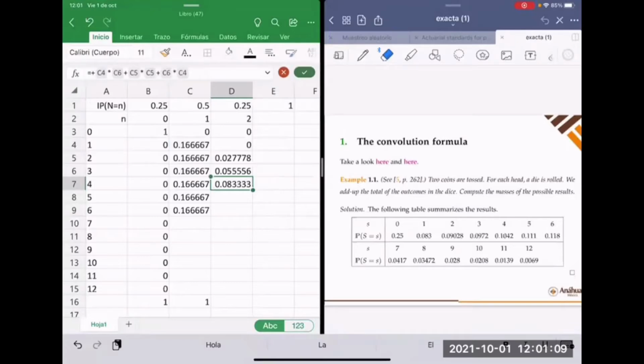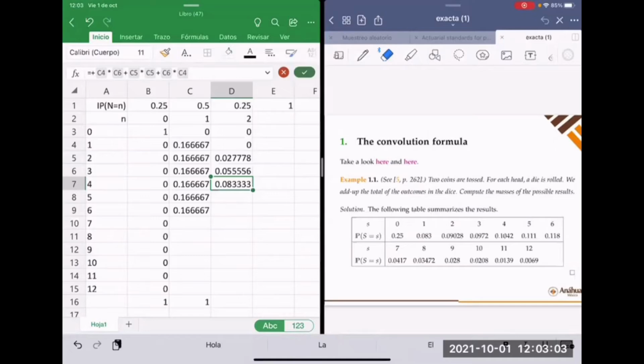Now, please observe that all I do is going this way. So say that in here we have the mass function repeated itself. So we have the first time and the second time because we have 2 dice. So what do we do in the first one? We go 1 and 3, and then 2 and 2, and then 3 and 1.